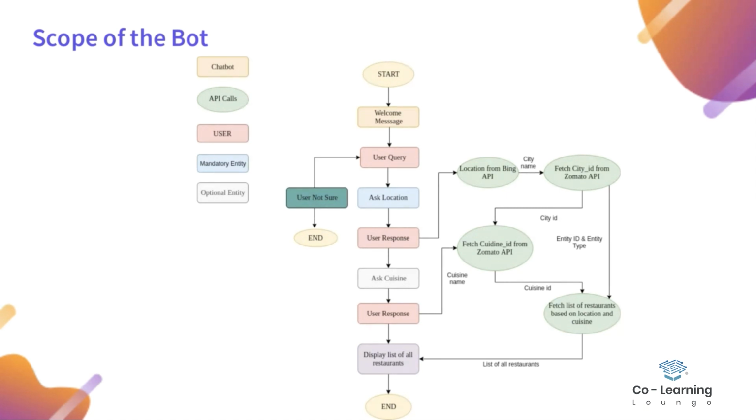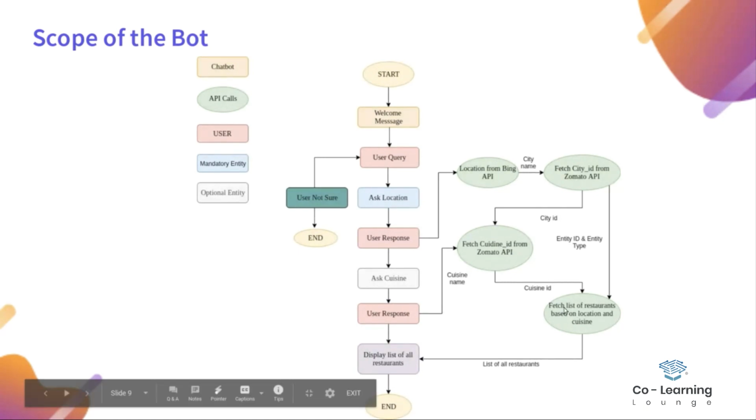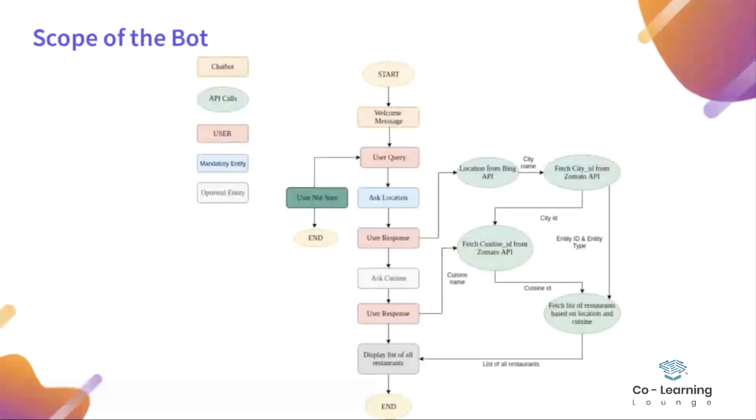We might get more than 10 or 100 restaurants. We're just picking the top 5 and displaying them to the user, right? So fetch the list of restaurants based on the location and cuisine, and display it to the user. It's up to you how well you display, so you can improve the UX to the point you want, but this is the overall scope of the bot. So that's what we'll implement here as well.